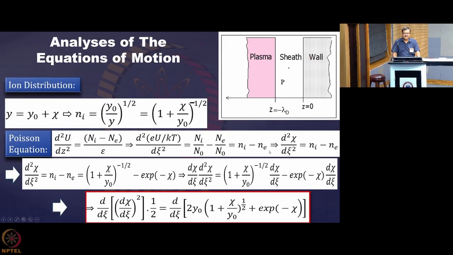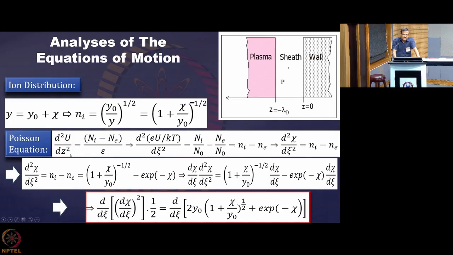So, this is Ni minus Ne, equal to rho by epsilon0. So, whatever Ni and Ne you are getting, you are dividing by N0, and eu by kT is equal to chi.